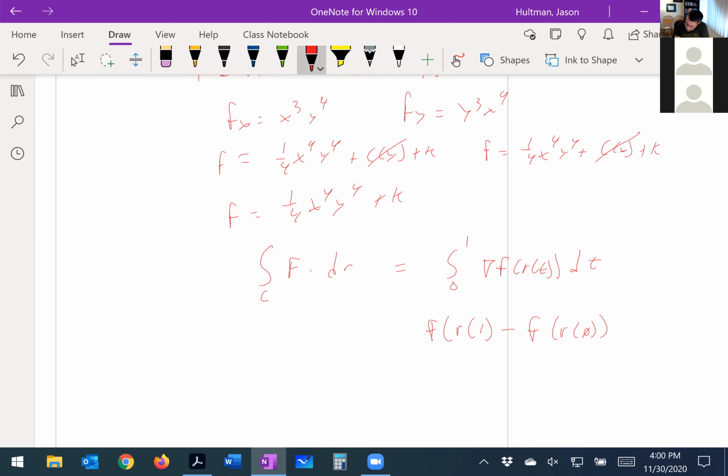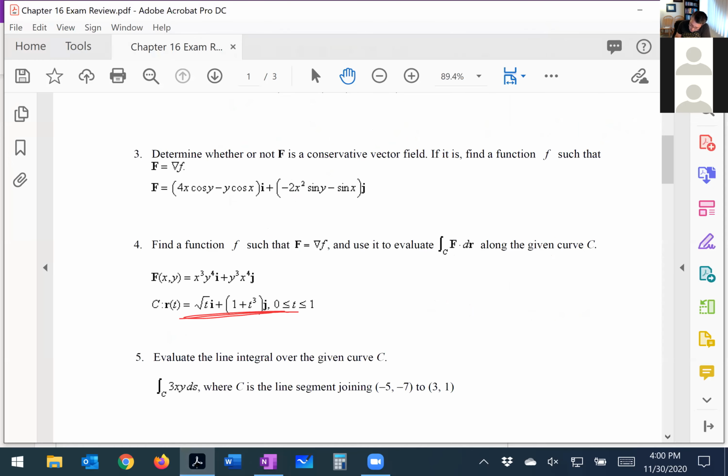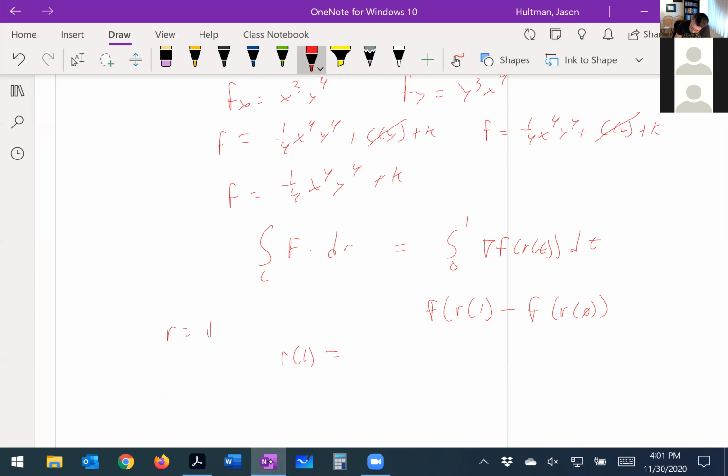Well, what is f of r of 1? We've got to find out what r of 1 is. What was r? It was some sort of cube roots and square roots: square root of t i plus 1 plus t cubed j, from 0 to 1.